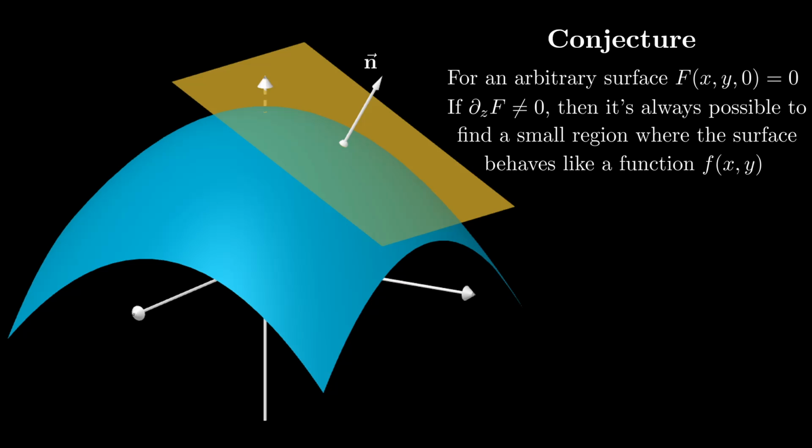It means make a big zoom into our surface, where the surface behaves like a function. This is our conjecture, and this is simply a summary of our previous observations.